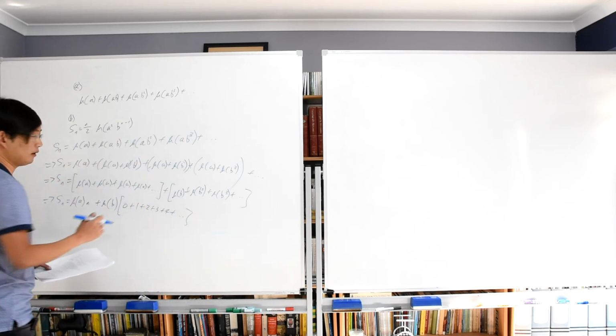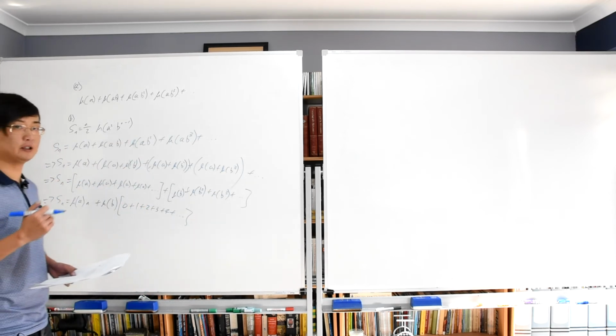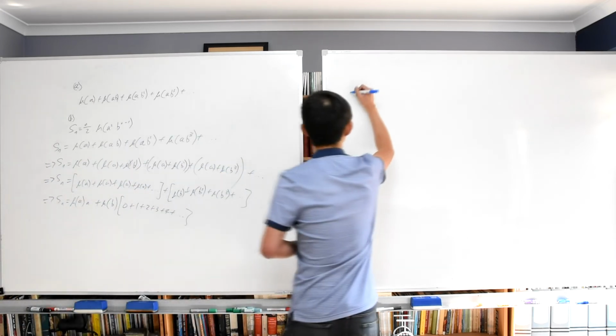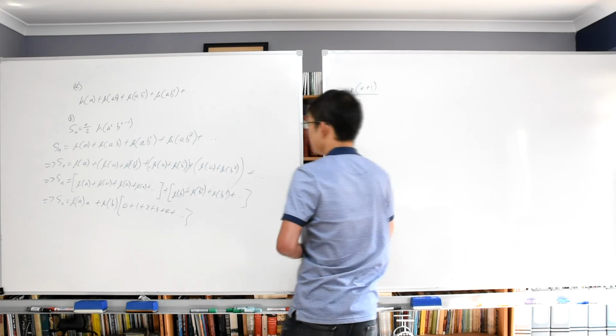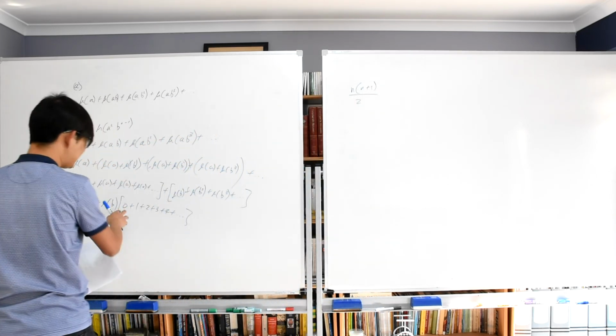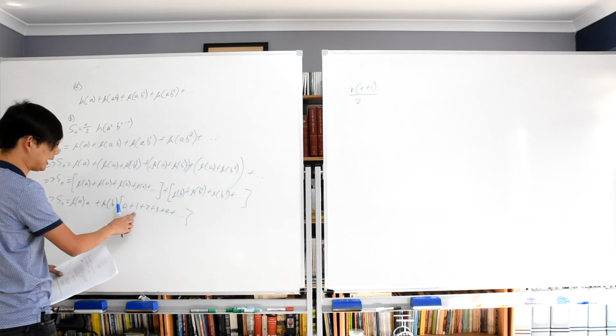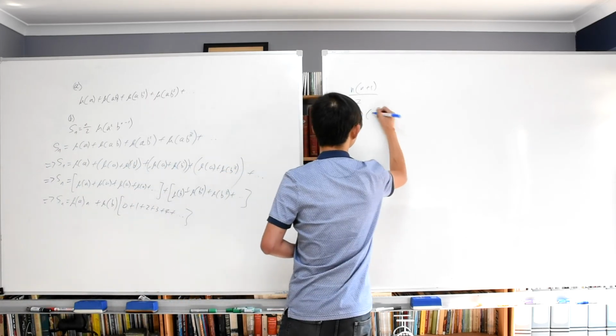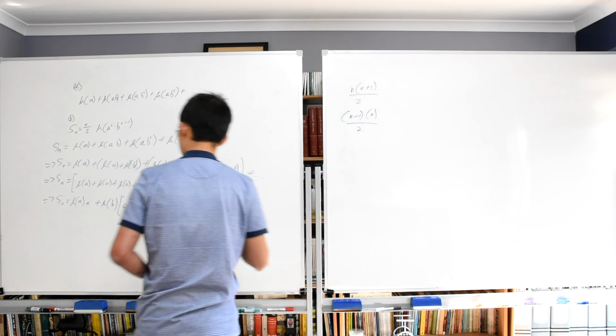What do we have here? When we did the sum of 1 plus 2 plus 3 plus 4 plus all the way to n, we had, but now we have that same sum but shifted backwards by 1. So what we have is over here.